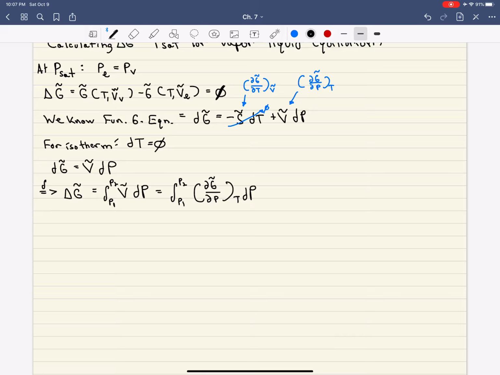So at least, based on the calculus of thermodynamics we've used before, this seems like it would be a path in order to get delta G. But at least this approach is, in practice, a bit hard to do. And that's because, in general, this dG/dP term here is hard to calculate. And that's because, first of all, you're taking the derivative of the molar energy with respect to pressure, right?